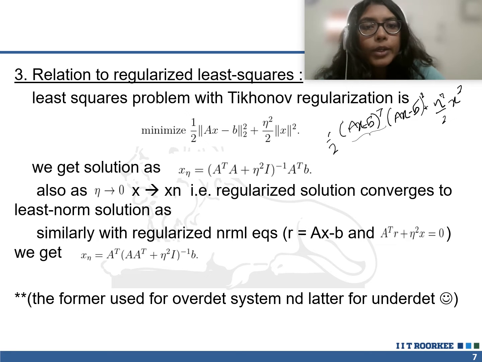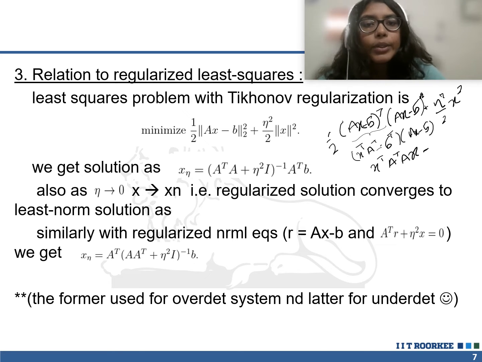When we simplify this, we'll get x transpose A transpose minus b transpose into (Ax - b). That is x transpose A transpose Ax minus x transpose A transpose b minus b transpose Ax.